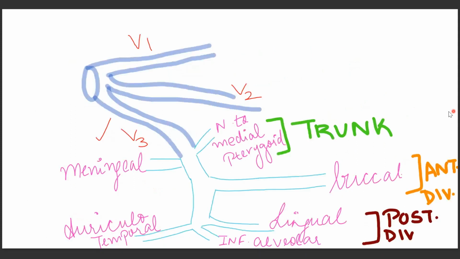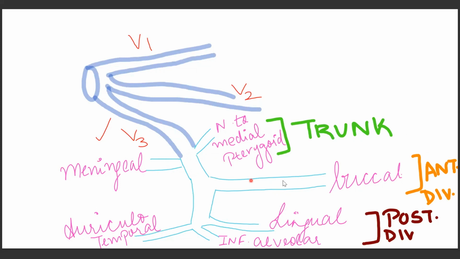Now what are the branches of the mandibular nerve? Here, there are three divisions of the mandibular nerve. First is from the trunk itself. The trunk is basically the main mandibular nerve. Then comes the anterior division and the posterior division.